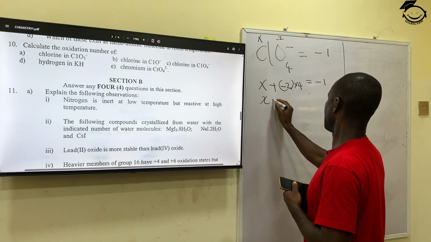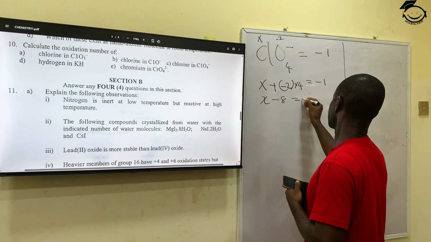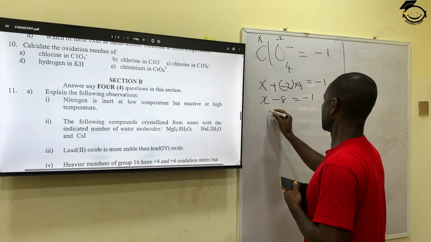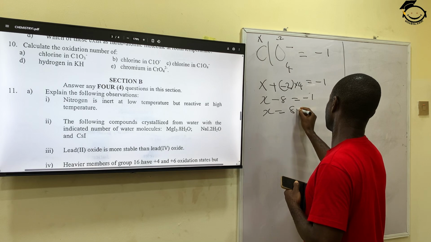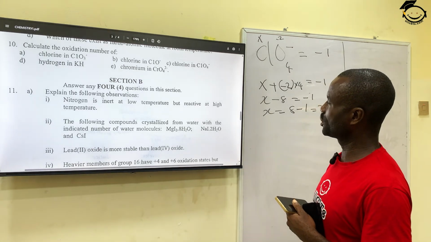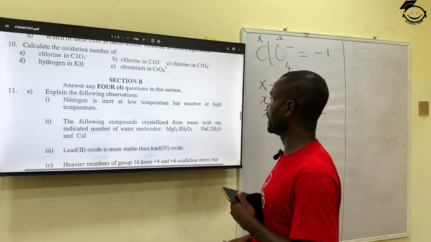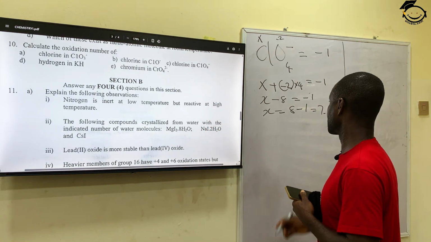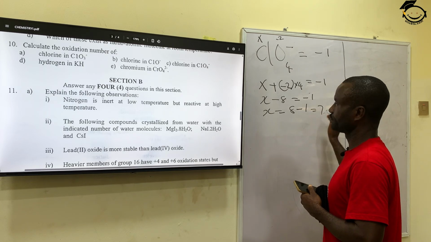X minus 8 equals minus 1. X will be 8 minus 1, which is going to be 7. So the oxidation number of chlorine in this compound is 7.